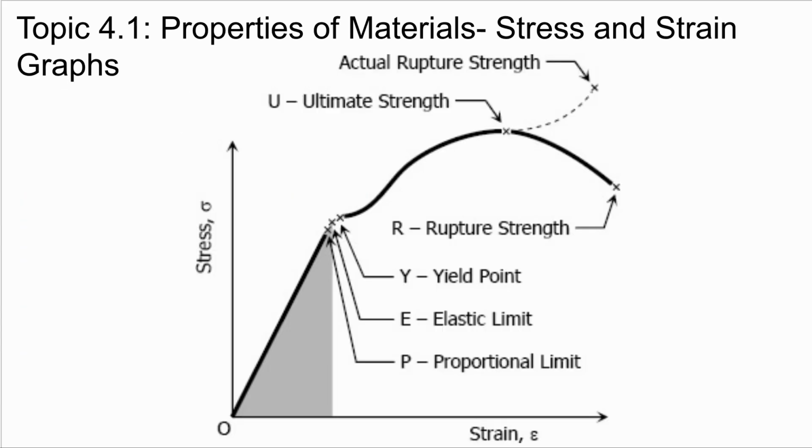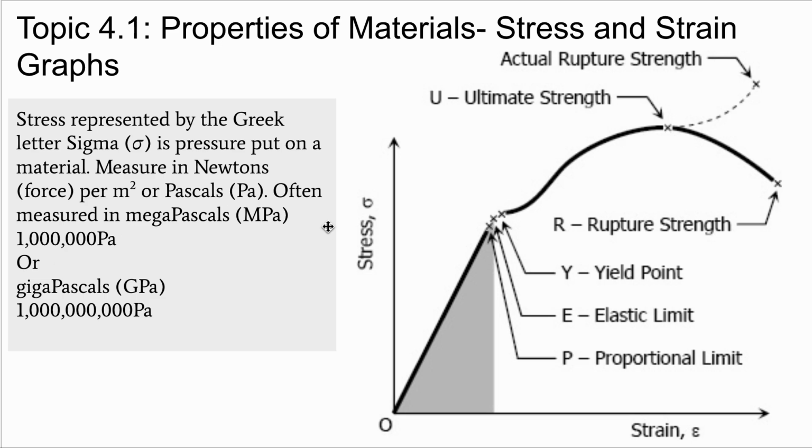All right, let's talk about stress and strain graphs. So you can see that on this axis right here, the y-axis, we have stress, and this is represented by the Greek letter sigma, and it is a pressure put on the material. It's measured in newtons per meter squared, or pascals, which is really pressure, often measured in megapascals, which are 1,000,000 pascals, or gigapascals, which are 1,000,000,000 pascals.